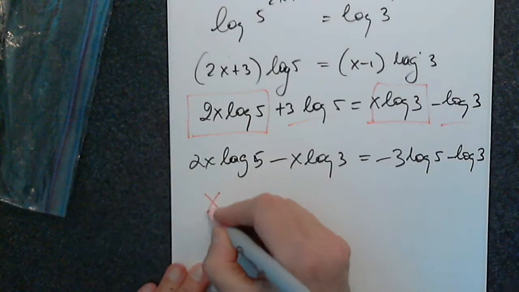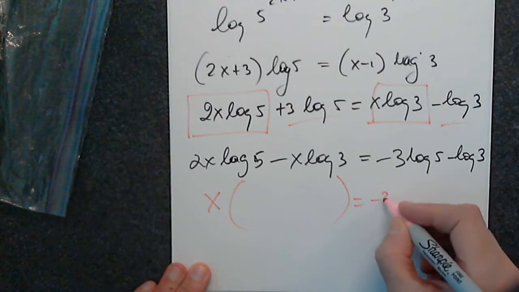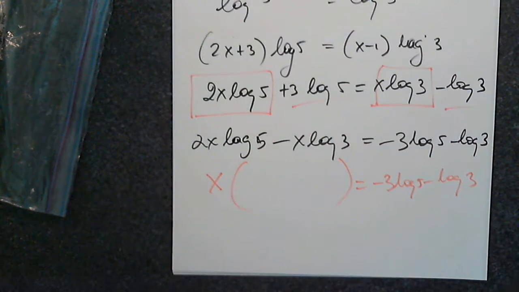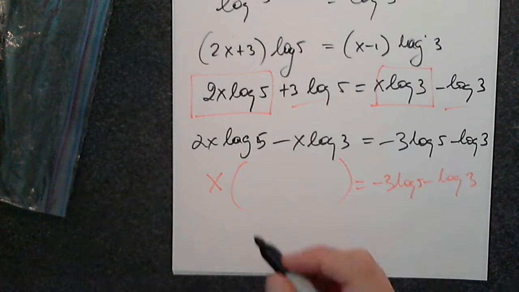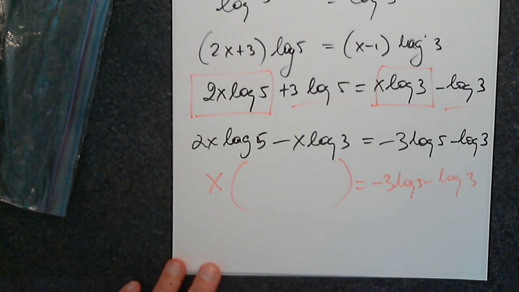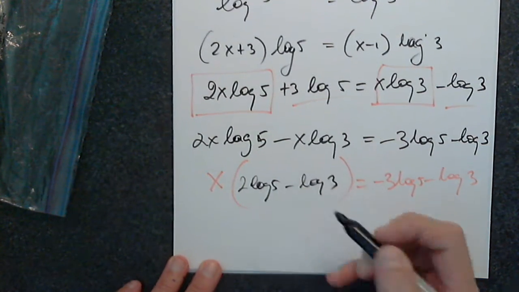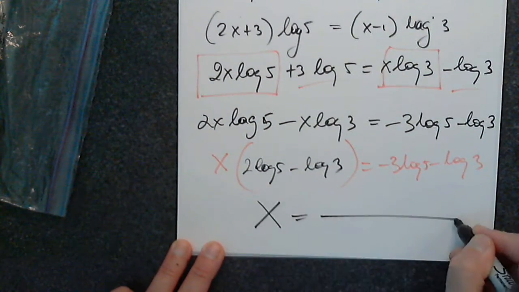Indeed. x. Of course. That's the only common factor of the terms on the left. Just x. What is left in parentheses? Again, no x. x is out. 2 log 5 minus log 3. And finally, we're done.